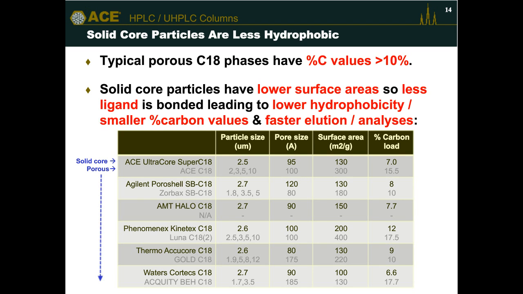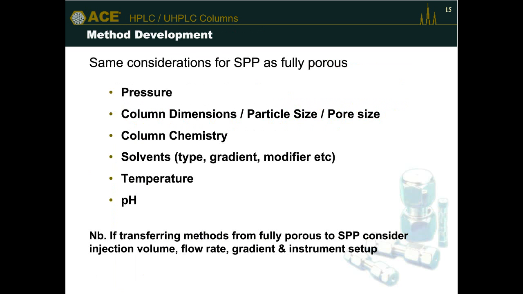And that leads me nicely into method development for the last section of this webinar. And really, when I sat and thought about how we would go about developing a method with a solid core column, all of the considerations are the same as I would have for a fully porous phase. I need to think about the pressure.